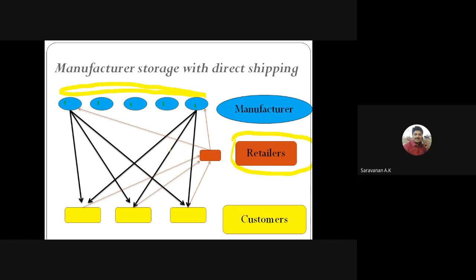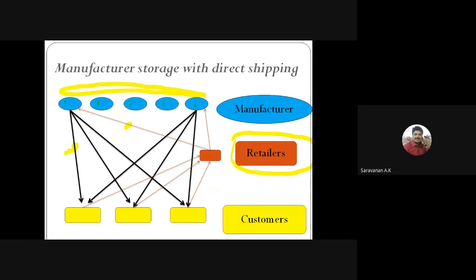So here we have different arrows. The dark arrow, this type of arrow, indicates the product flow, and this type of arrow indicates the information flow. So one is the product flow, and one more is the information flow. In this chart, you can see the manufacturer, customer, and the retailer.